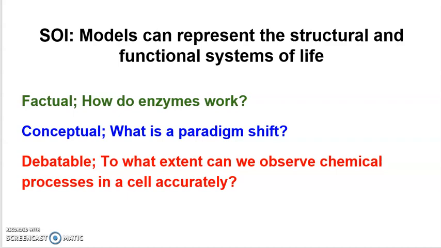So how have we changed our ways of thinking about enzymes in the scientific community? And the last question, very philosophical, to what extent can we observe chemical processes in a cell accurately? So it's thinking about how we can see inside cells using technology to allow us to understand the life processes.